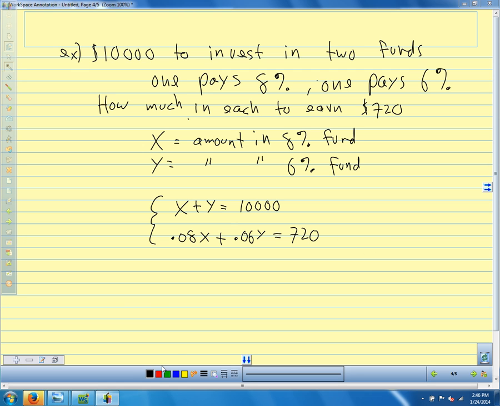Multiply the bottom by 100 to get rid of those decimals. So I could say X plus Y equals 10,000, and 8X plus 6Y equals 72,000. That would get rid of those decimals and make it maybe a little easier to work with.